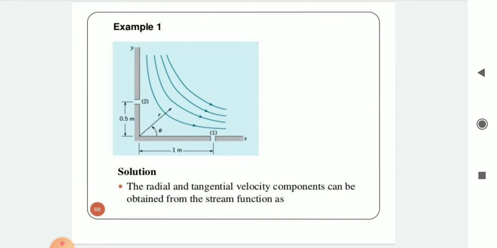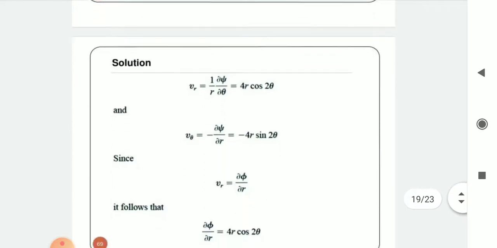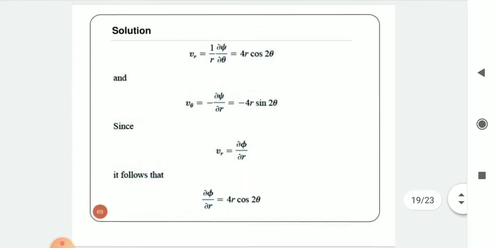The solution: the radial and tangential velocity components can be obtained from the stream function as Vr = (1/r) ∂psi/∂θ = 4r cos 2θ, and Vθ = −∂psi/∂r = −4r sin 2θ.